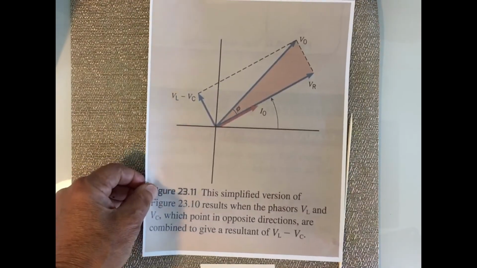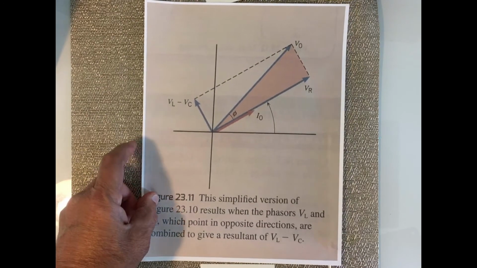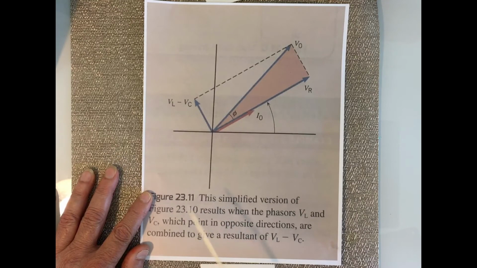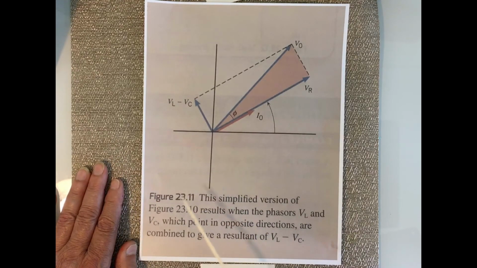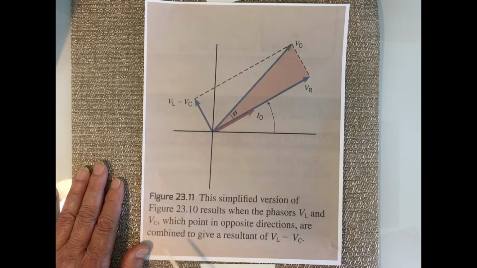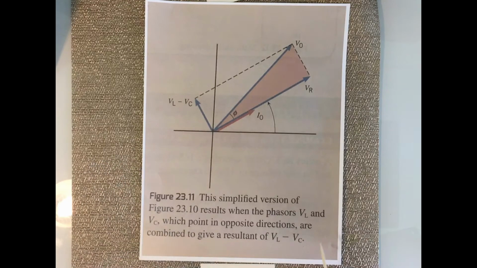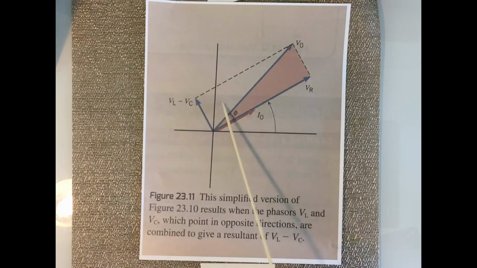This is an expanded form of the graph from where we can calculate the impedance using the Pythagorean theorem. Okay, we have VL and VC, which are not in the same direction but opposite, and which gives rise to VL minus VC, as you see here.